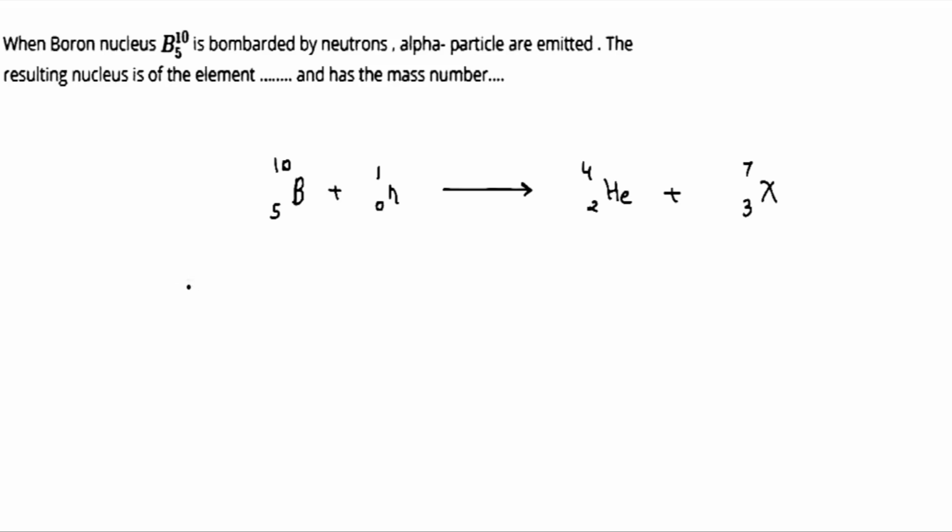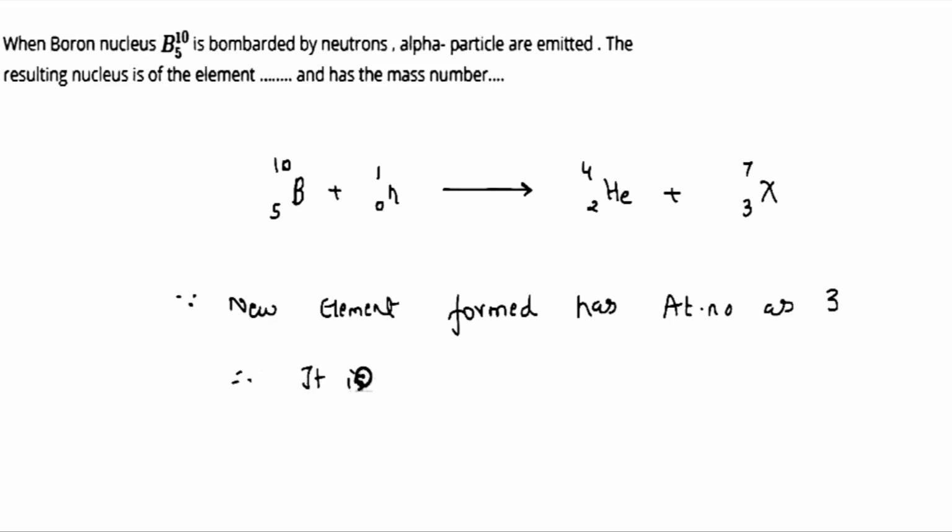As we can see, the new element formed has atomic number 3, so we can say it is a lithium nucleus.